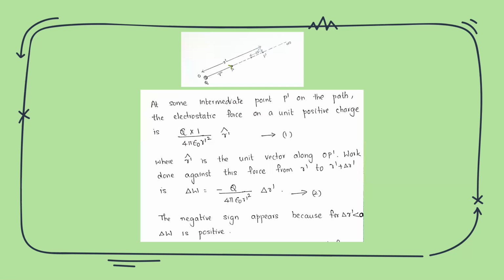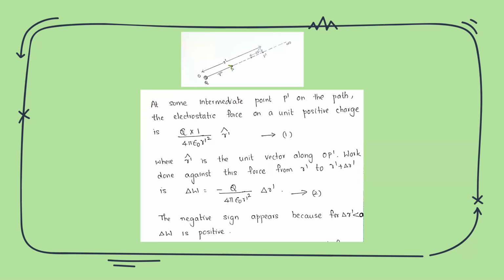So at some intermediate point P dash on the path, consider the electrostatic force on a unit positive charge. You can see in the picture, on the way from infinity to the point P, we have another point P dash. P dash is at a distance of r dash.